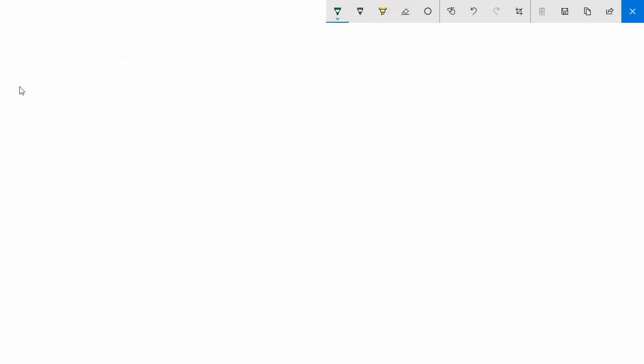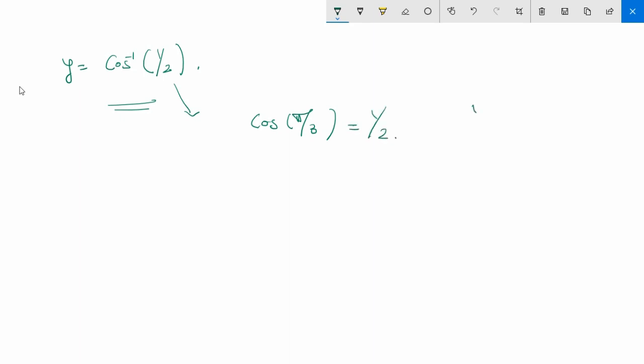Similarly, if you are taking y is equal to cos inverse of 1 by 2. Now here cos of pi by 3 is equal to 1 by 2. Pi by 3 is equal to 180 divided by 3, which is 60.